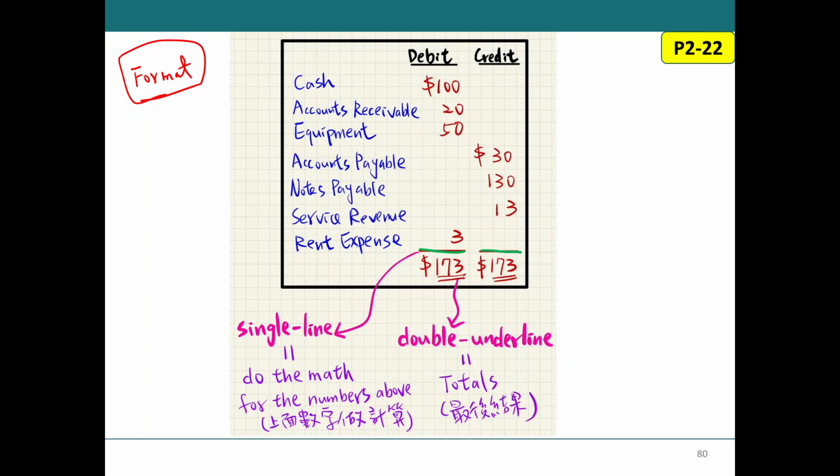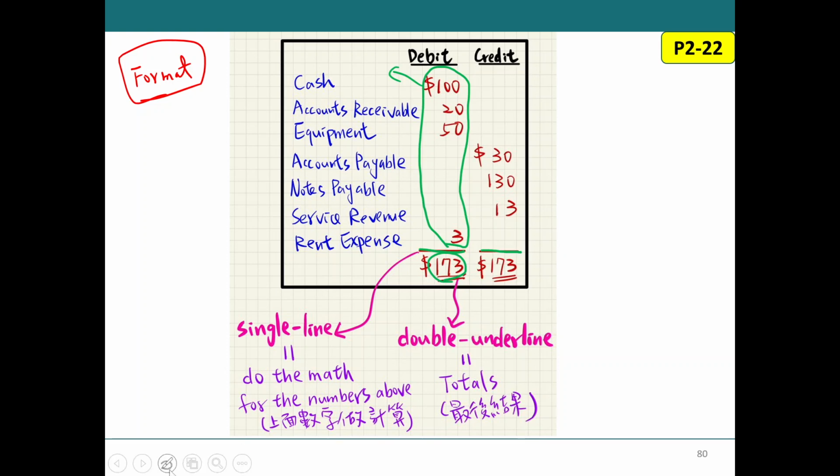Any number above the single line, we will do some math. So 100 plus 20 plus 50 plus 3, I got the final number 173.